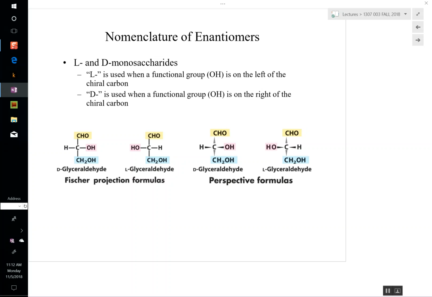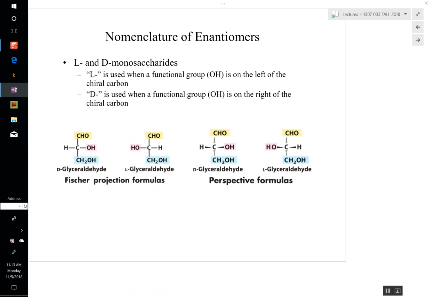A Fischer projection. Now this is what I'm going to want you to do with your glucose. I'll give you this back in a second, but I'm going to want you to concentrate on these bottom 3 carbons. Even though glucose is not exactly the same as this, it goes on up. It's got 3 more carbons. But we're going to want to compare these bottom 3 carbons of your glucose with the 3 carbons of the glyceraldehyde.